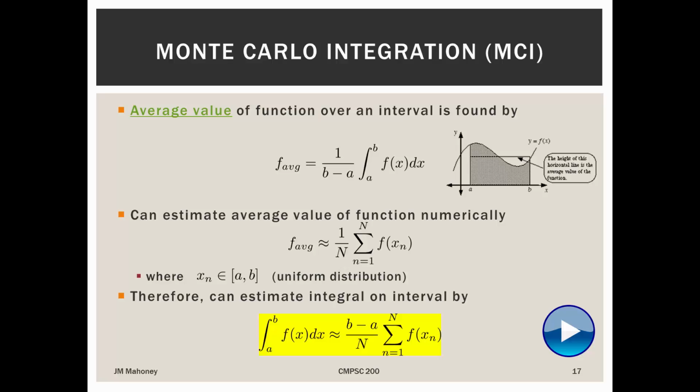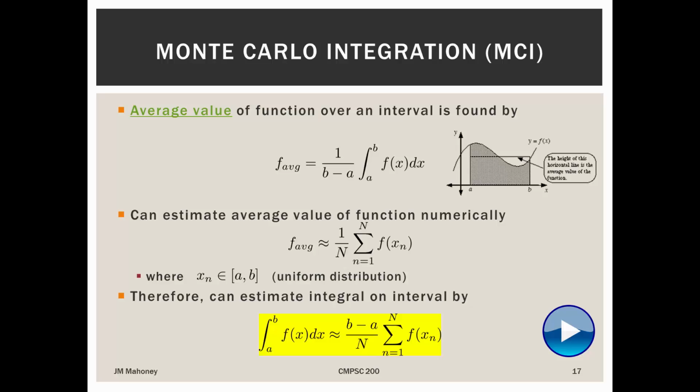I rearrange it a little bit and I can solve for the integral under my original function. So we see we can take the average of all of the function calls that we make, and multiply it by b minus a, or the length of the interval. And that will give us an estimate of the area under our original function.